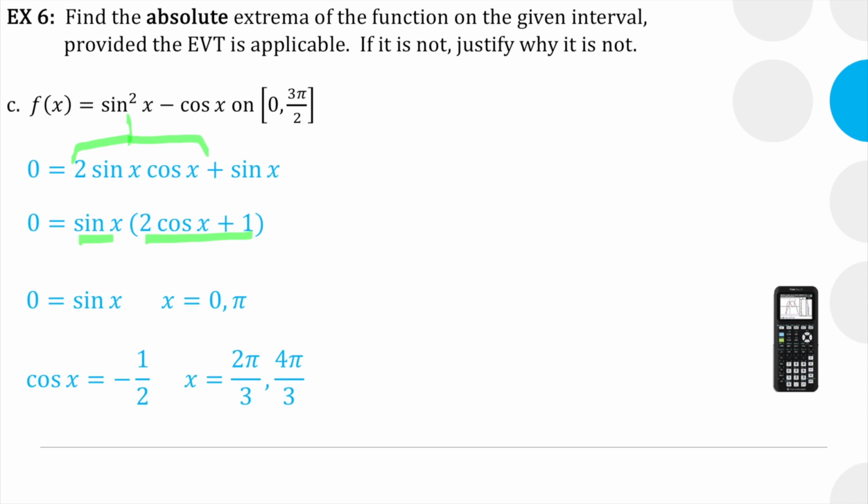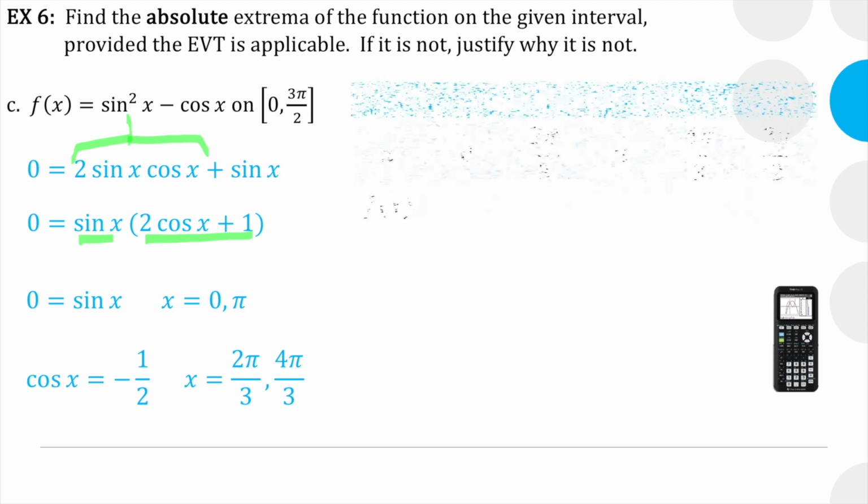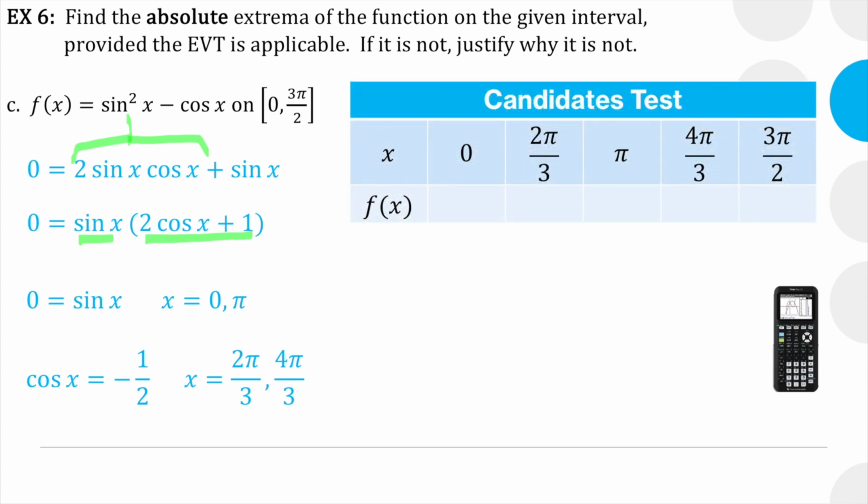So all of that, plus the endpoints, has to get into our candidates test. Thankfully, 0 is a zero and an endpoint. Then 2 pi over 3, pi, 4 pi over 3, and our last endpoint.